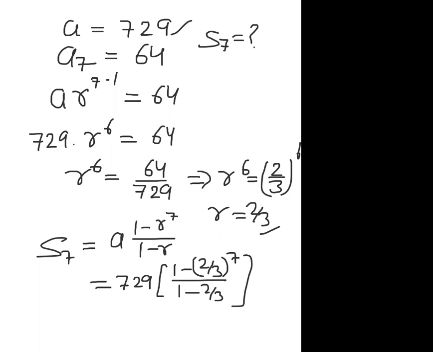Now I suppose you will be able to simplify it. Not very much we need to simplify, only a few steps. So you could try and you'll get the final right answer.